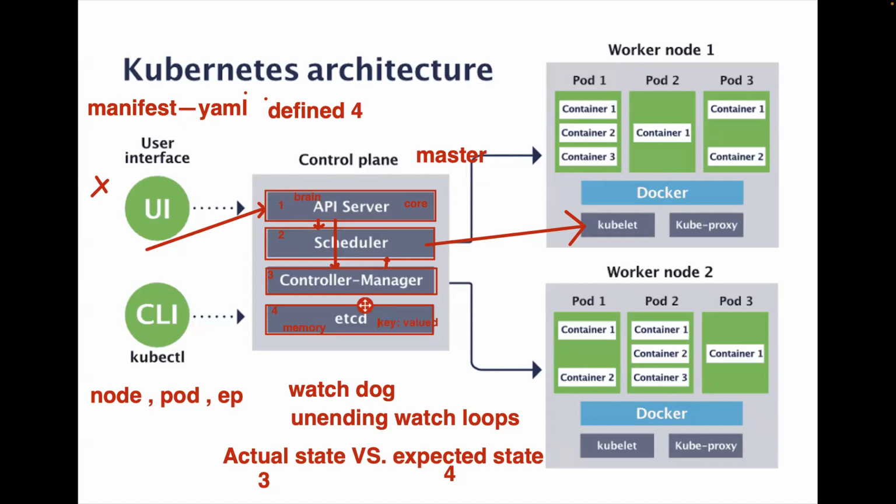It's like a NoSQL database where data is stored in the form of key-value pairs. That's how those four components work. etcd is a very important component because all the cluster configuration is stored here.